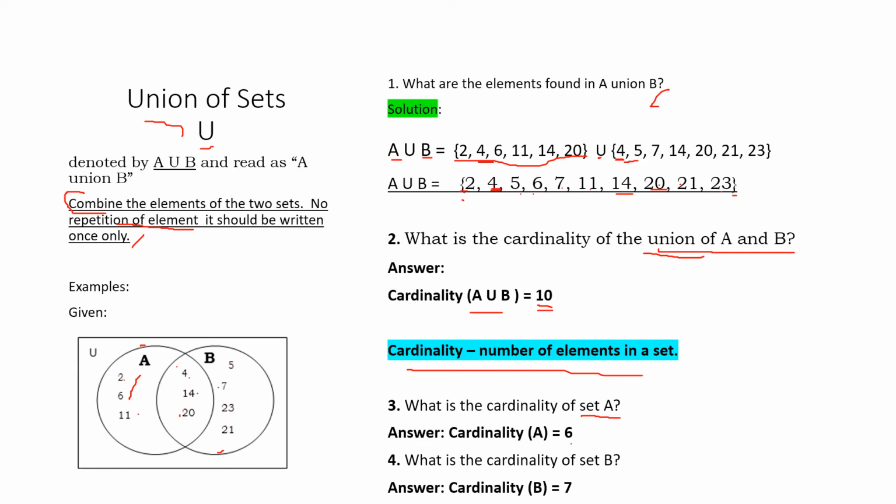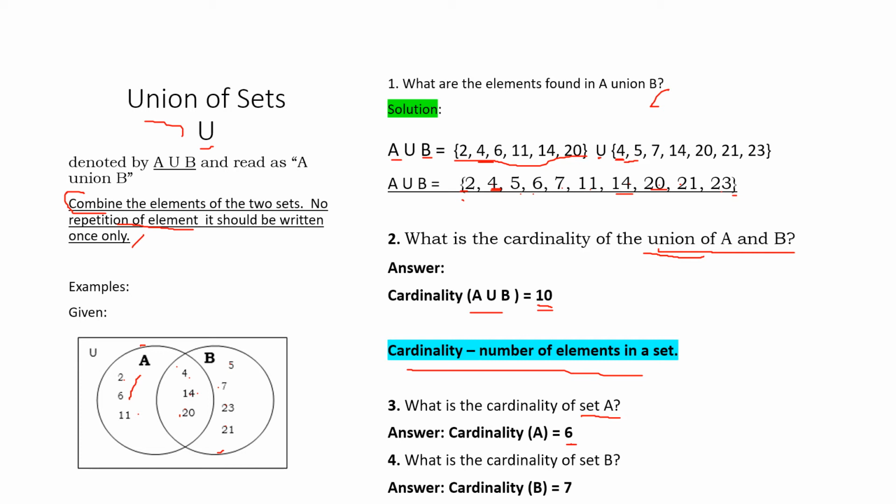Binilang natin yan and there are 10 elements. In number 3, what is the cardinality of set A? So, we will go to set A only, kasi yun yung nasa tanong. Count mo lang lahat ng elements, and the answer is 6. Same is true with set B. Okay? Cardinality, count the number of elements.